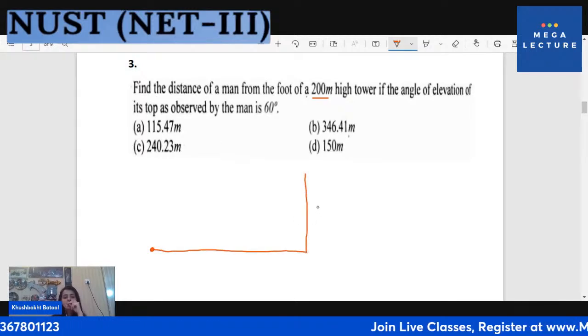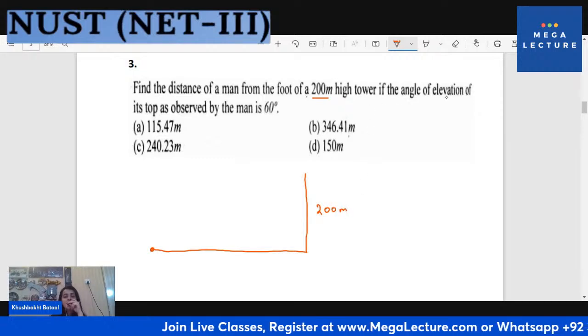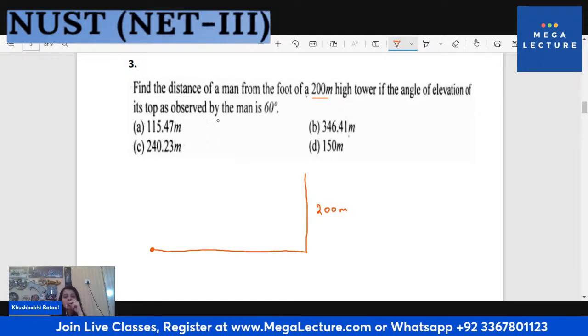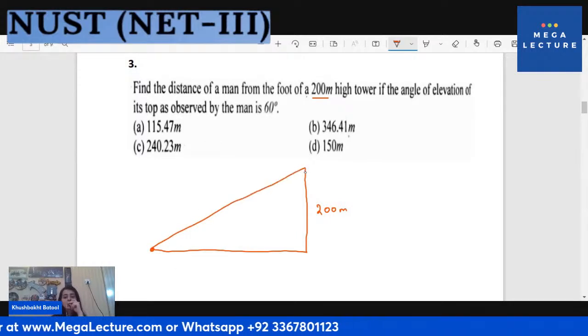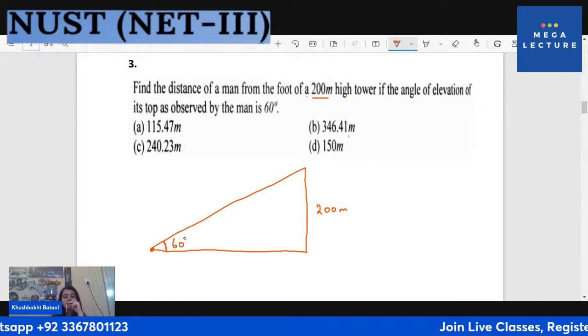Let's say this tower that is 200 meters high, if the angle of elevation of its top as observed by the man is 60 degrees. So they are talking about the angle of elevation. This is the angle of elevation, and it is 60 degrees. So you need to find out this distance x.